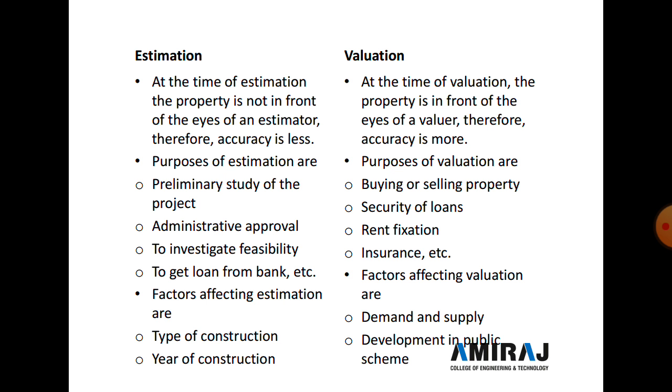So estimation is required. The purposes of valuation are buying or selling of the property, security of loans, rent fixation, and insurance, etc. So valuation is required. Factors affecting estimation are types of construction and year of construction. And factors affecting valuation are demand and supply and development in a building.